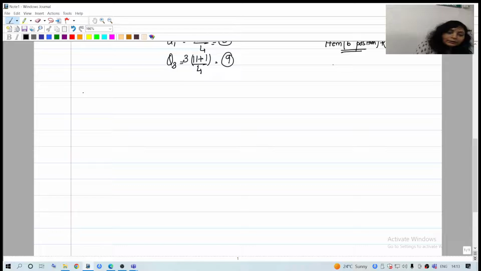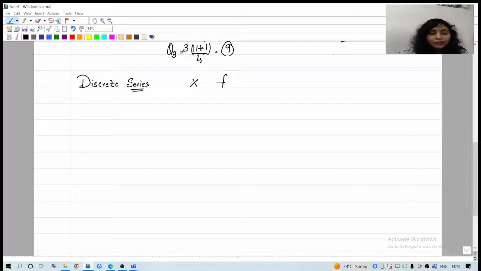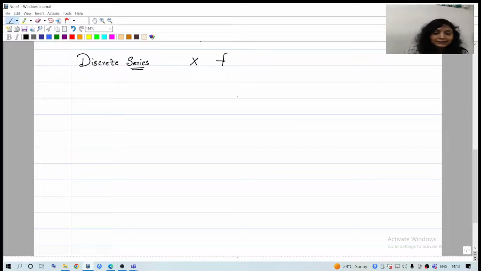When we talk about discrete series, you have been given two things. One is the x item and second is frequency, the number of times a particular item is repeating. So how to find partitional averages in case of discrete series?